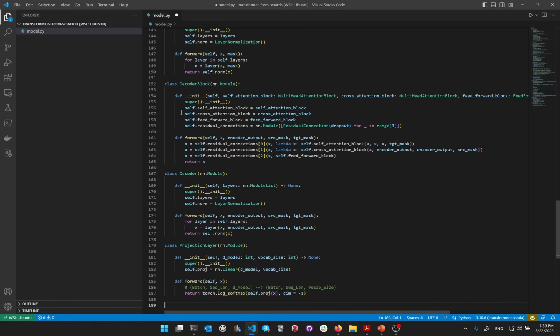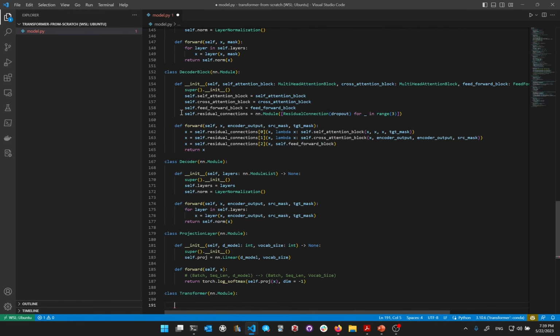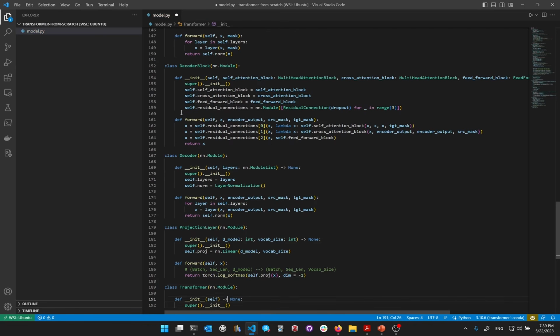Now we have all the ingredients we need for the transformer, so let's define our transformer block. In a transformer we have an encoder, which is our encoder. We have a decoder, which is our decoder. We have a source embedding. Why do we need the source embedding and the target embedding? Because we are dealing with multiple languages. So we have one input embedding for the source language and one input embedding for the target language.